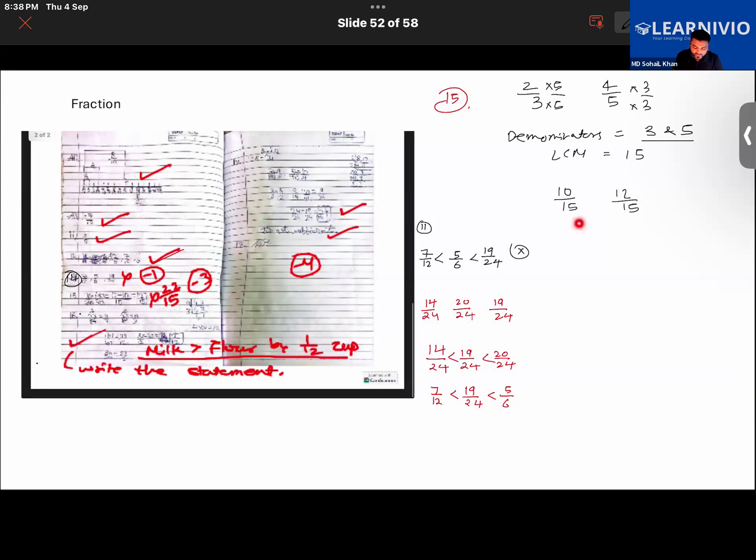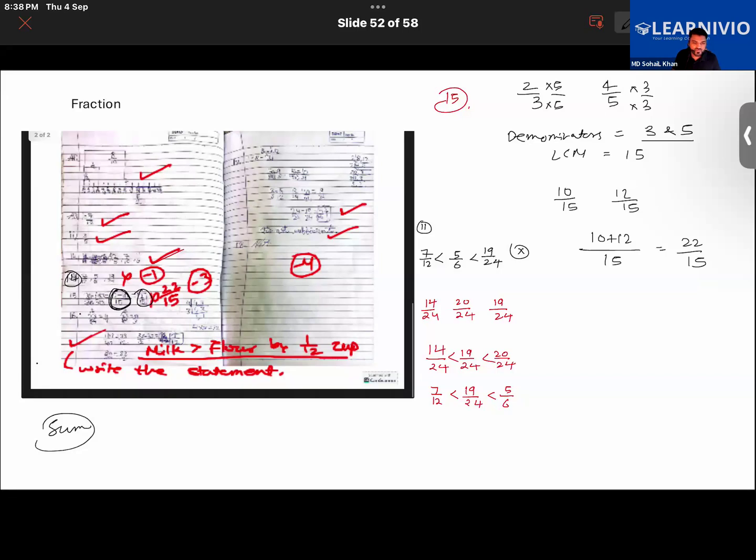Once they are like fractions, all you have to do is add the numerators. So 10 plus 12 is 22 upon 15. But here you wrote 2 upon 15. You have subtracted instead of adding. The question was asking for the sum, but you found the difference. So make sure you read the question at least twice.